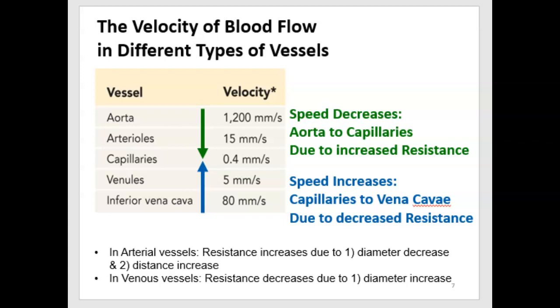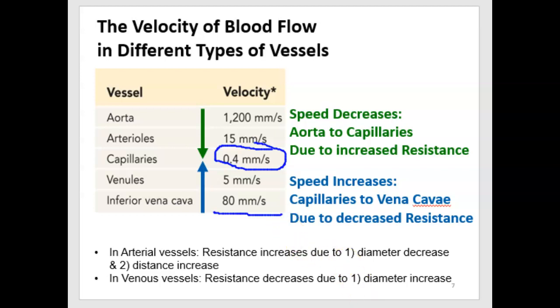We see that blood flow gets faster. So in the capillaries, it's really slow. But by the time it reaches the vena cava, the inferior vena cava in this case, the speed has increased to 80 millimeters per second, right?